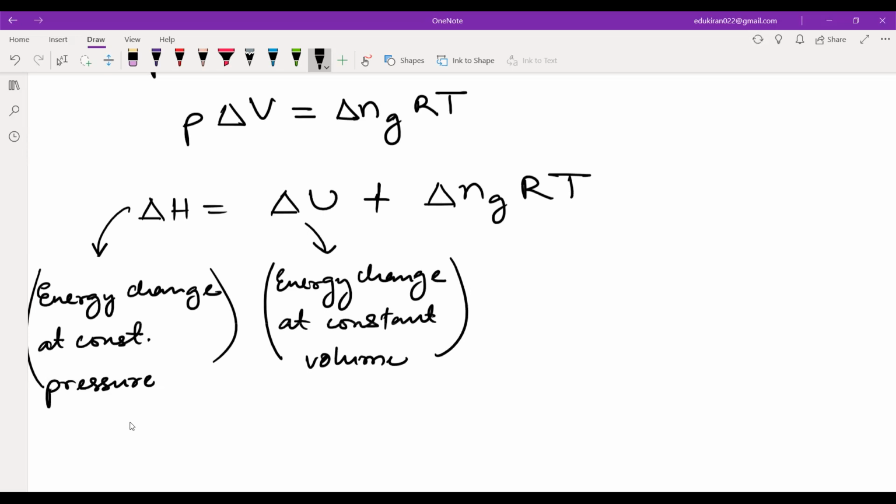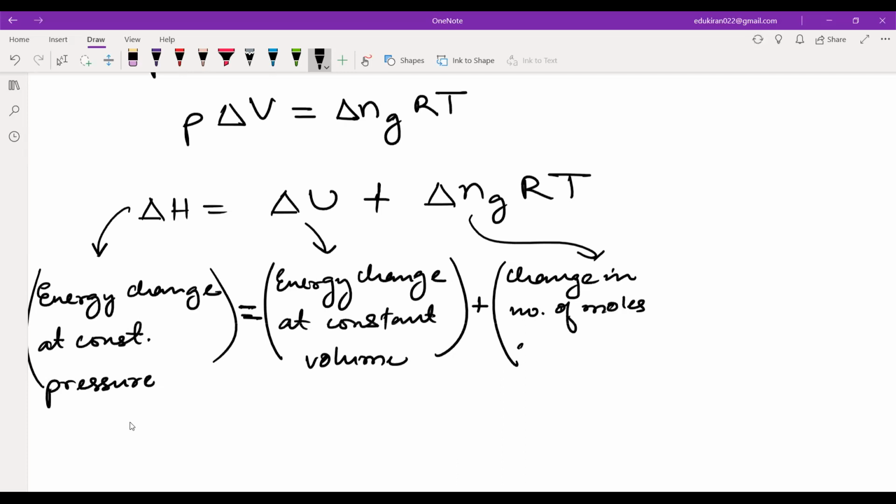Whatever heat is involved at constant volume, that is delta U. And what is delta NG? Delta NG is the change in number of moles of gas, times R times T.